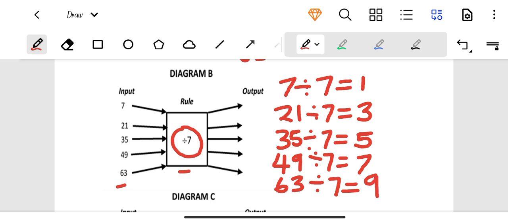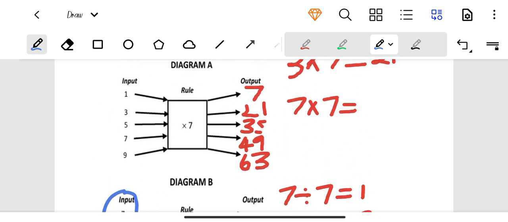What I want to show you with these two diagrams is that the input on diagram B is the same as the output on diagram A. When you're determining the input, whereby they give you the rule and the output, you change the rule.